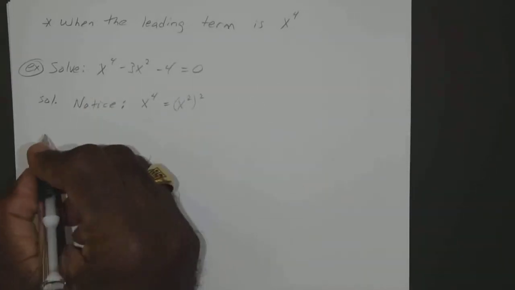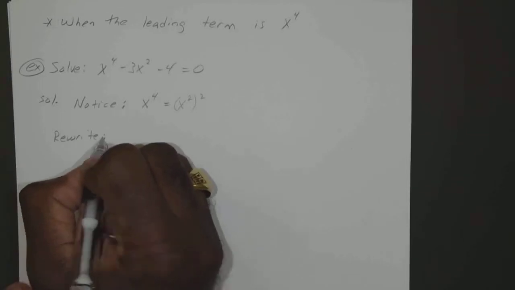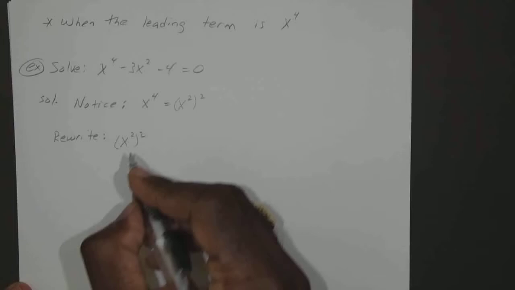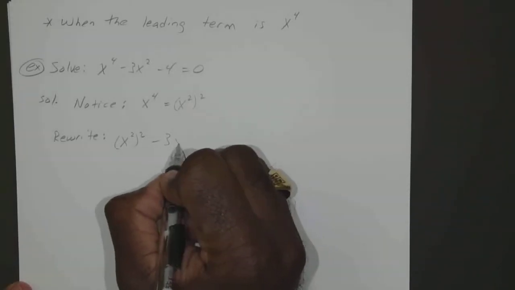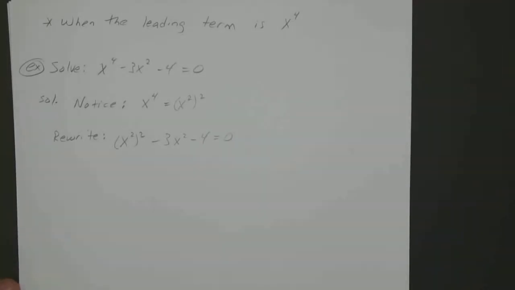So you just rewrite it as x squared squared minus 3x squared minus 4 equals 0. Okay. So once you rewrite it, you temporarily change that x squared to another variable.